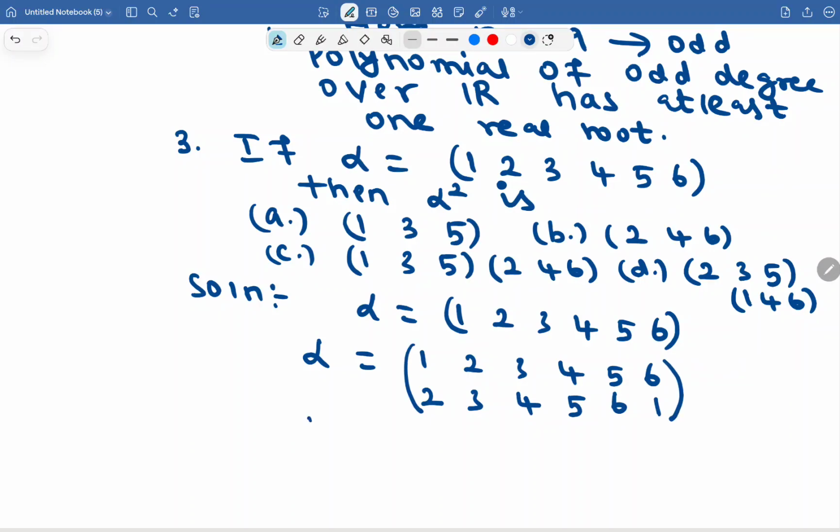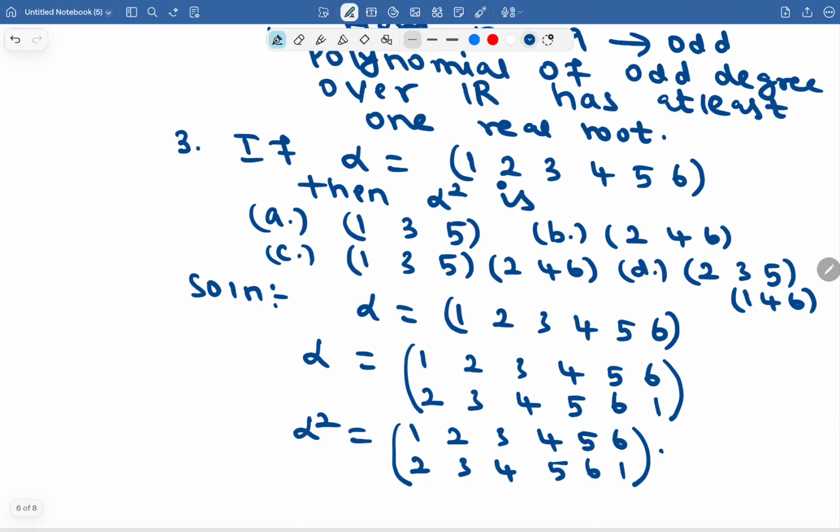Since we have to find alpha square, alpha square means alpha into alpha, applying the same mapping twice.